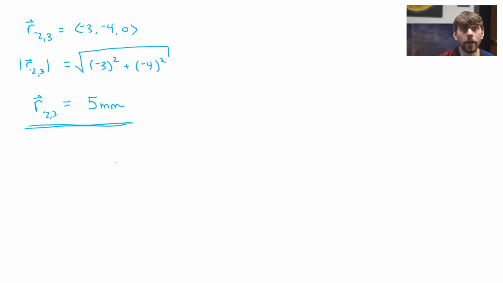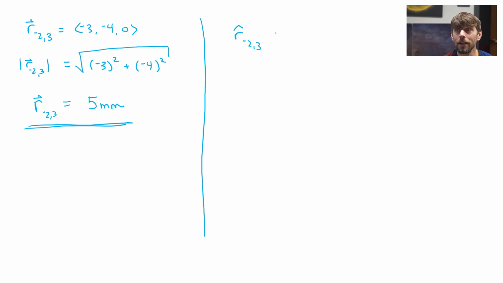Good. Now we have everything that we need in order to calculate the magnitude of the Coulomb force. Let's go ahead and get the unit vector that describes the direction. In other words, we should figure out the unit vector of the relative position vector.